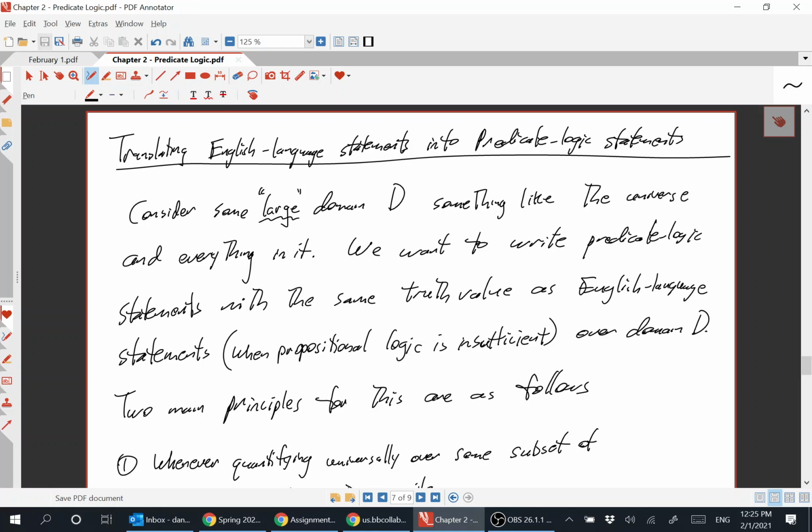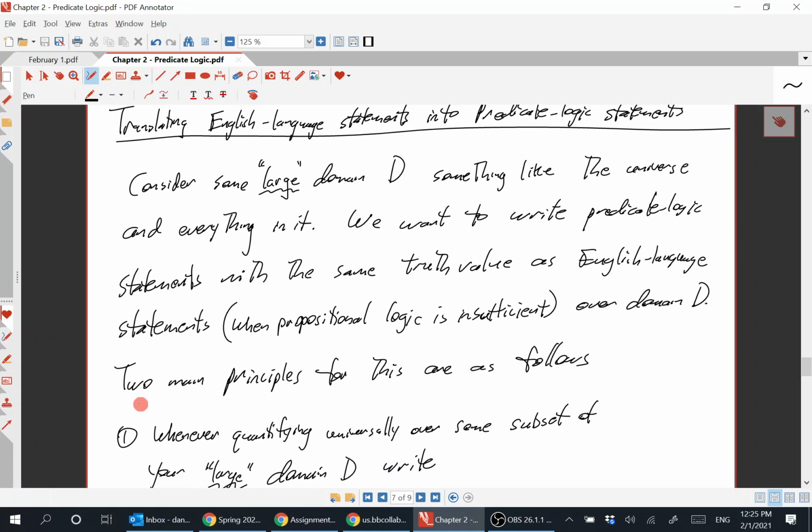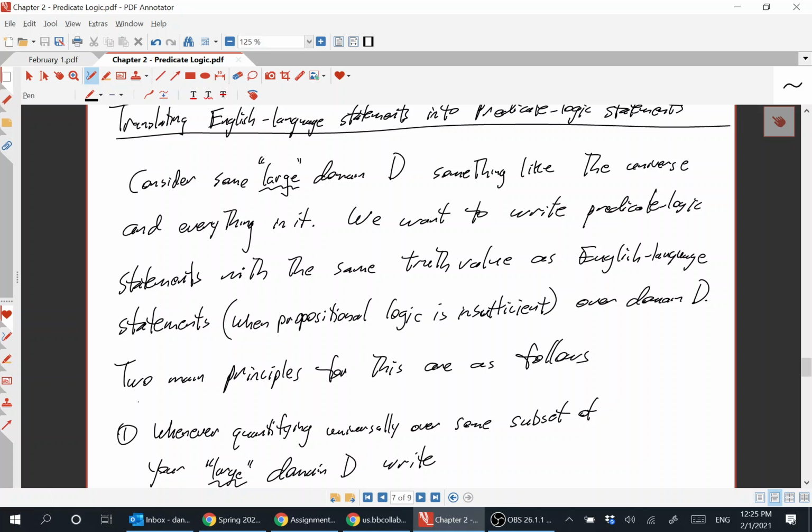In general, you can consider it to be like the whole universe. We want to write a predicate logic statement with the same truth value as an English language statement when propositional logic is insufficient over domain D. Propositional logic doesn't suffice when you have quantification going on with your statements.